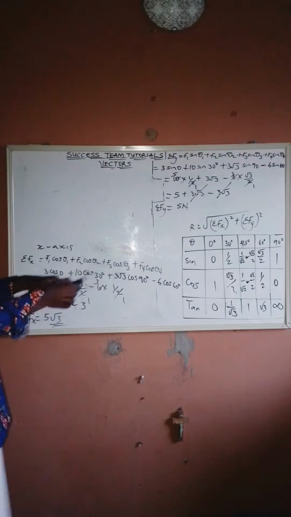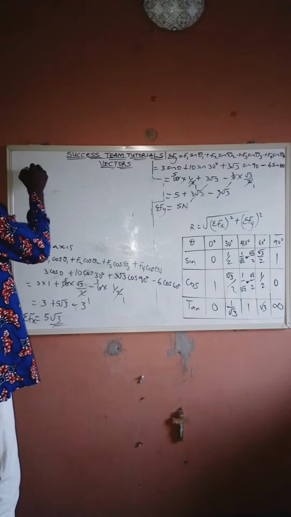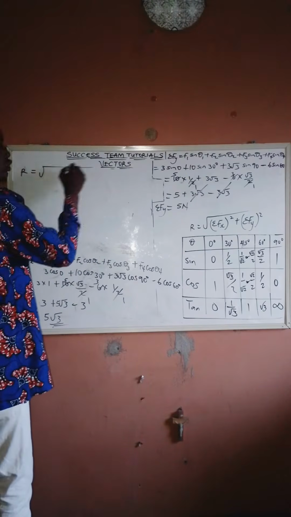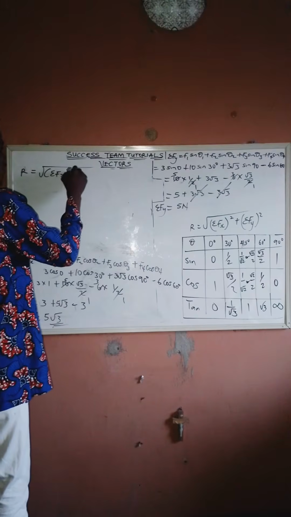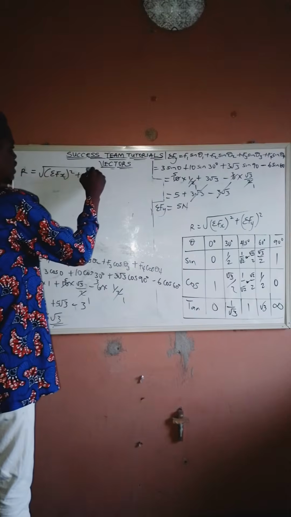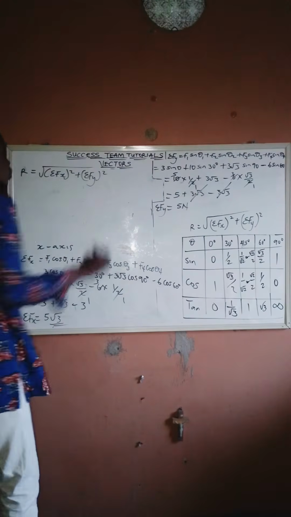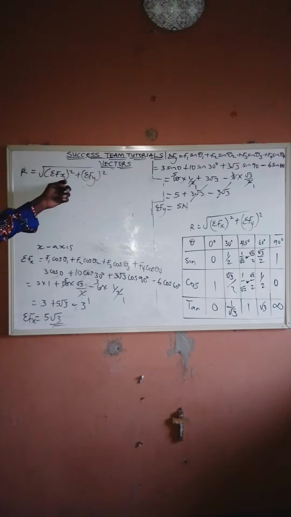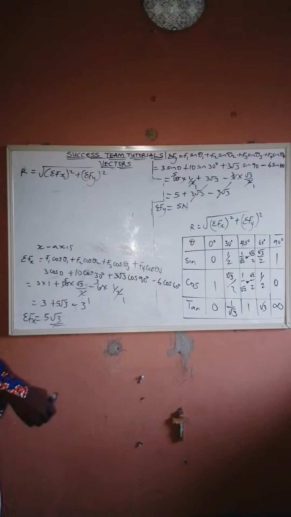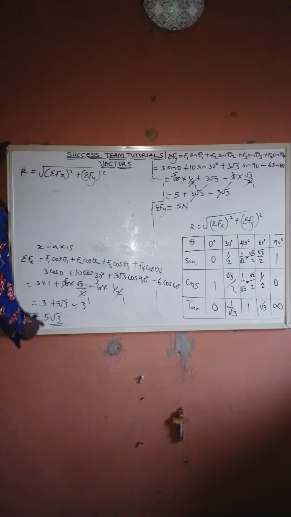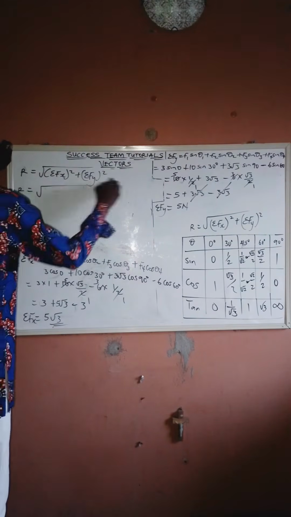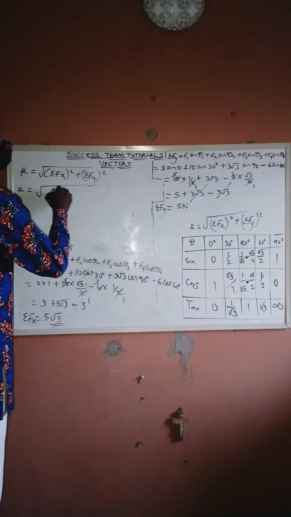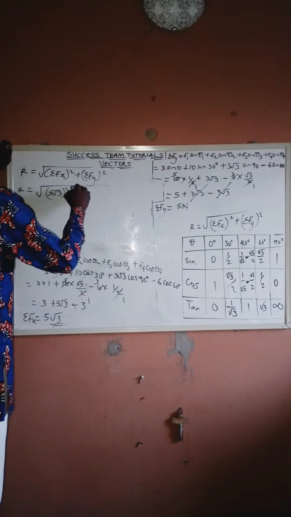Let's continue. So I have what? R is equal to square root of ΣFx squared plus ΣFy squared. That's summation of forces in the x-axis plus summation of forces in the y-axis. So ΣFx is what? 5 root 3. So R is equal to square root of 5 root 3 all squared plus what?